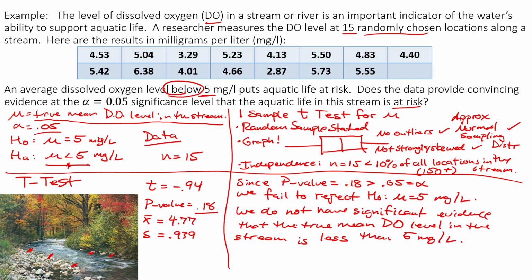All right, so we don't have evidence of it. So that means we're good, actually. That means the water is okay. Or we don't have at least strong evidence that the water is not okay.